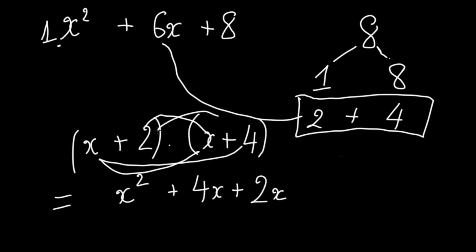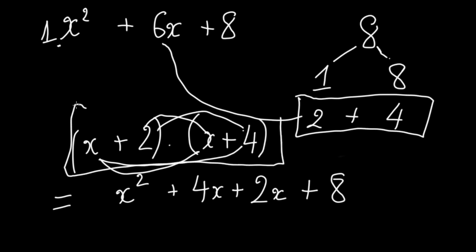And 2 times 4 equals 8. You see? x squared right here, and then 4x plus 2x equals 6x, and 8 right here. So the final answer, when you factor the given trinomial, is x plus 2 times x plus 4 right here.